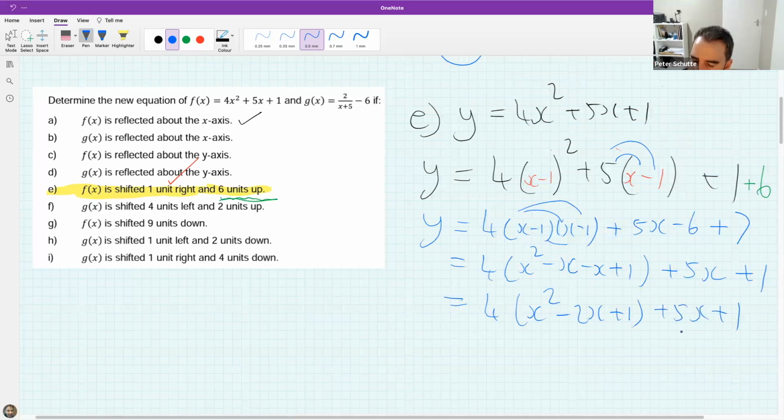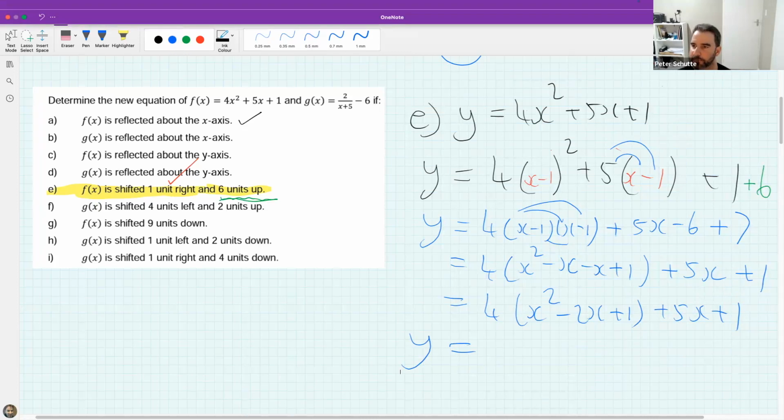Now, I'm still not done, but I'd like to give you a chance to get me my final equation. What do you think my final equation is going to be in standard form for this one? So I'm not done yet. It's not in standard form. See if you can work out what the final equation is. Who feels like they know the answer, they can put it in the chat.